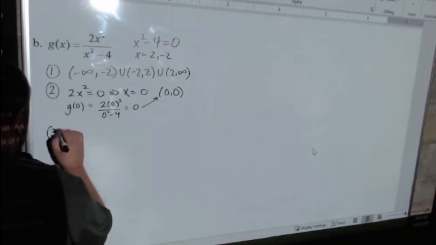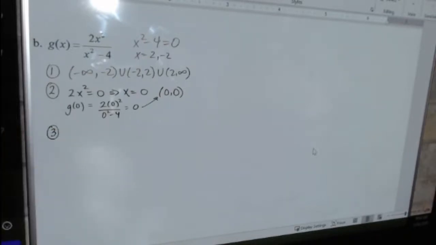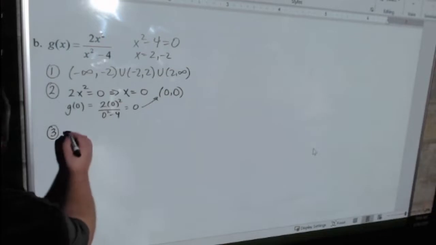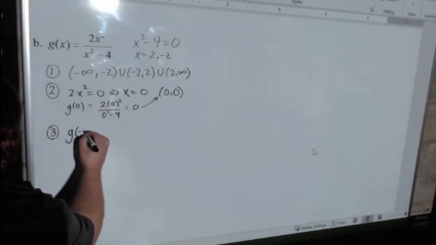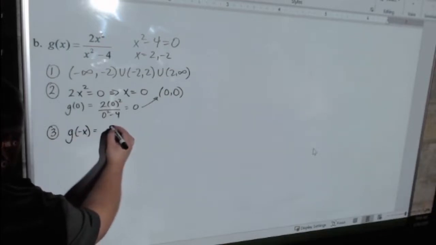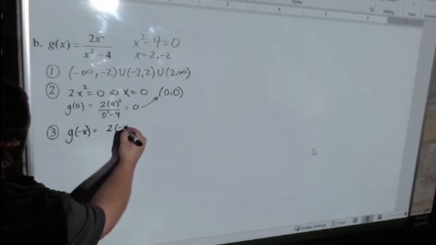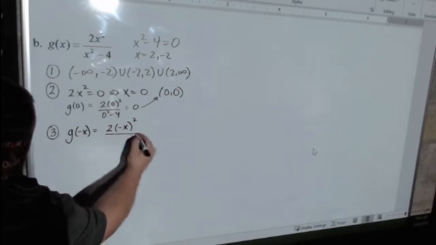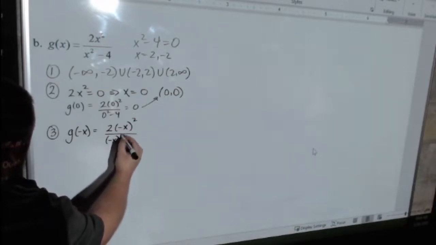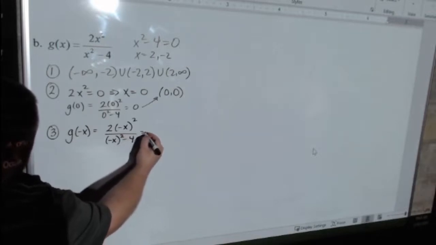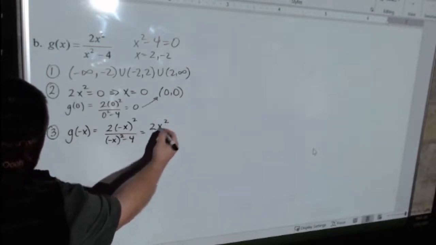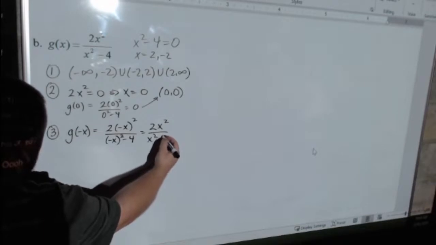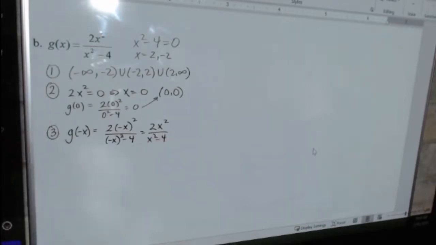Third step is to determine any symmetry. So I need to find g of negative x. That's plugging in negative x everywhere. And that is the same thing as the original, right?